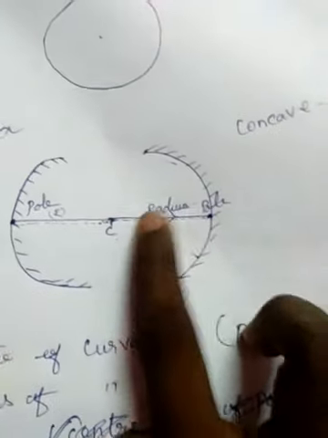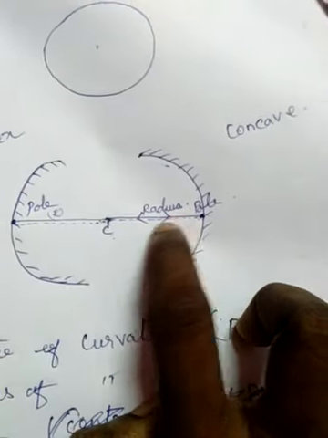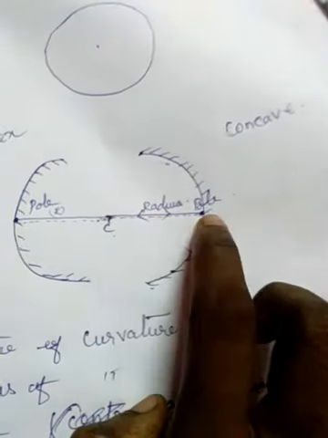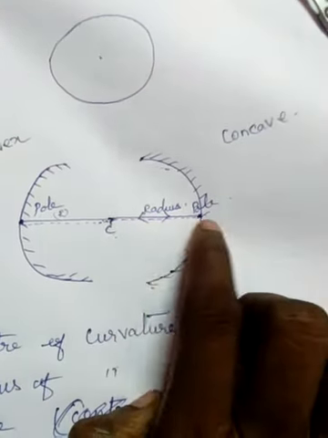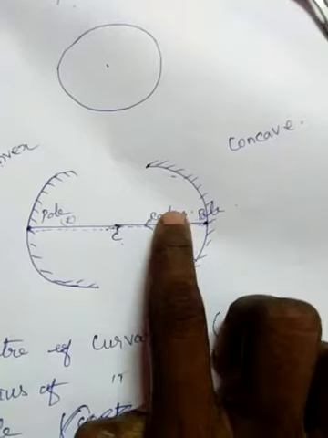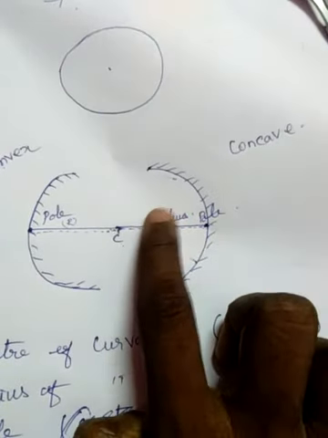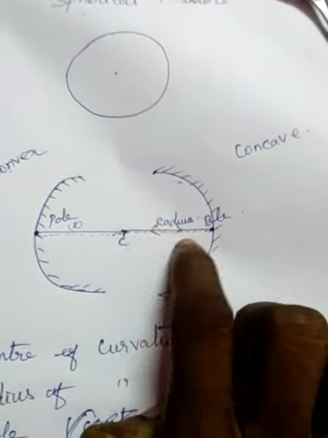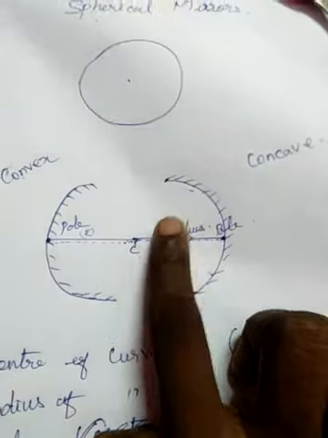I put two arrow marks: first the light ray going, and after reflection it comes back the same way. So this is the optical axis.